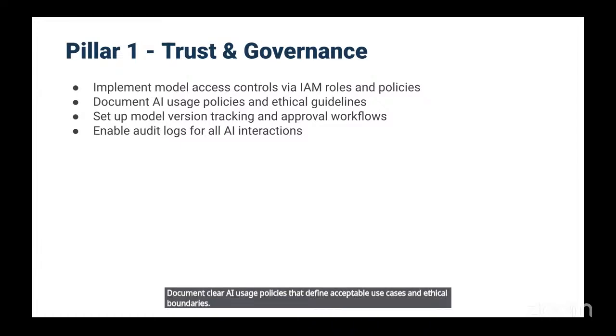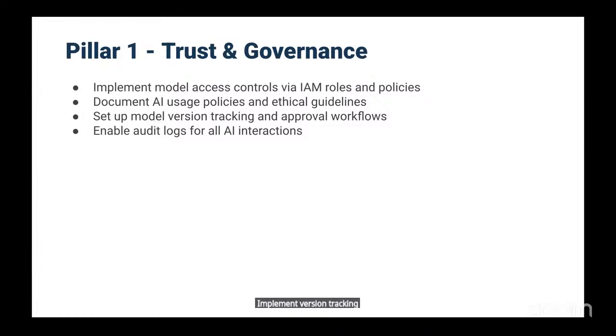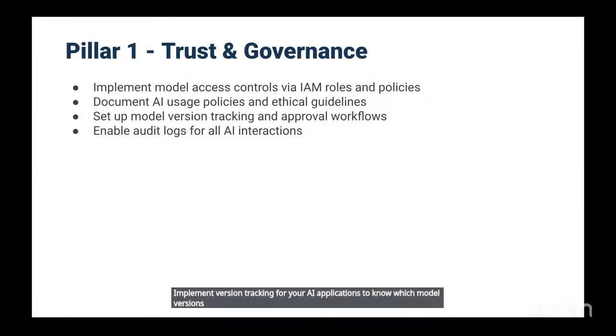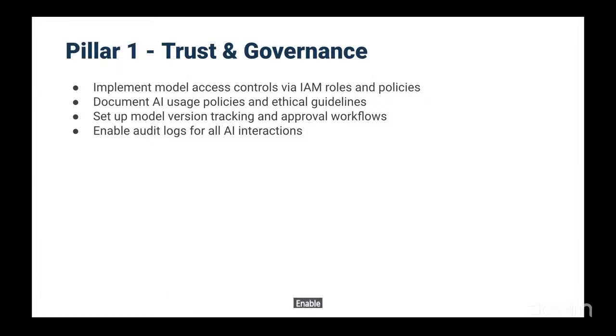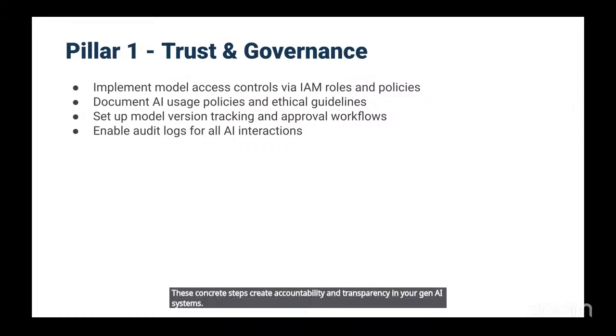Implement version tracking for your AI applications to know which model versions are in production. Enable comprehensive audit logging through CloudTrail to record every interaction with Bedrock. These concrete steps create accountability and transparency in your Gen AI systems.